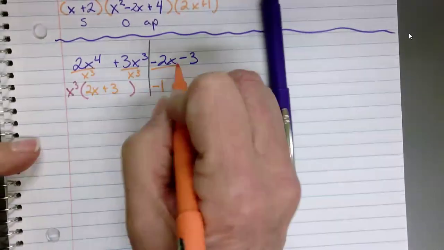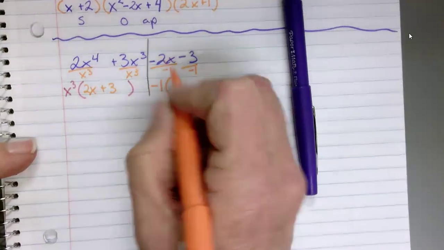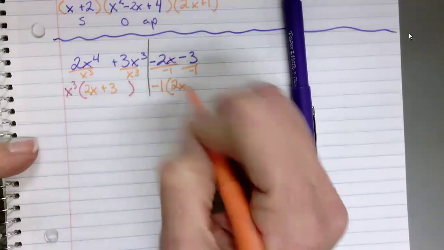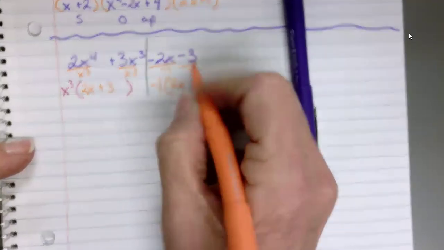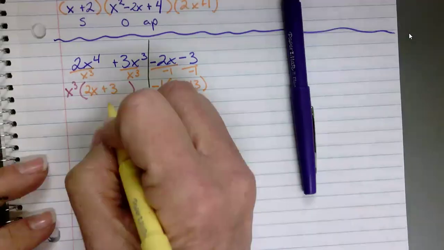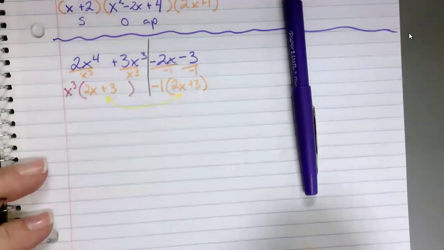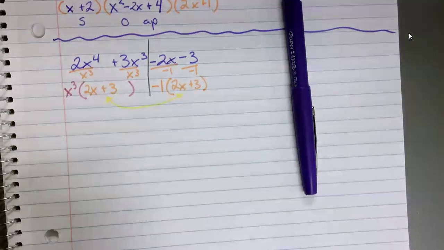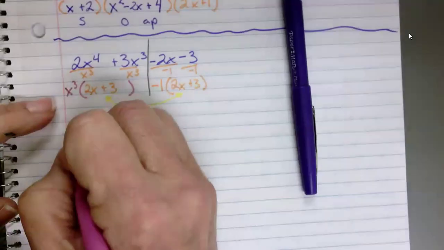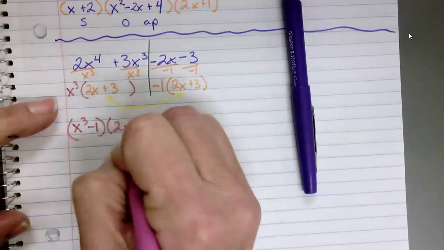So when I divide this by -1, divide that by -1, -2x divided by -1 is going to be positive 2x. -3 divided by -1 is going to be plus 3. Now these are matchy-matchy. Yay! And so then I can group it together. I've got x cubed minus 1 and 2x plus 3.